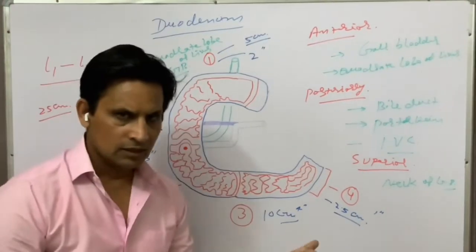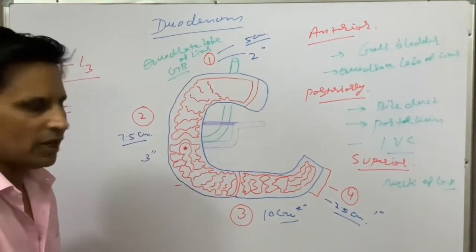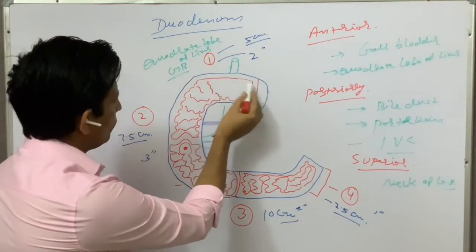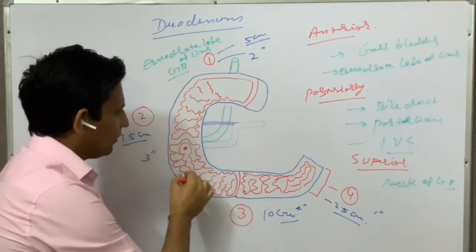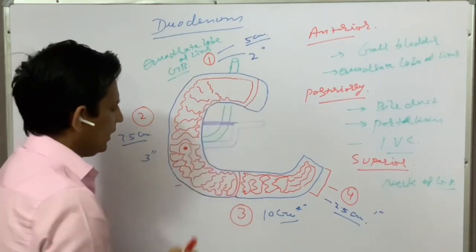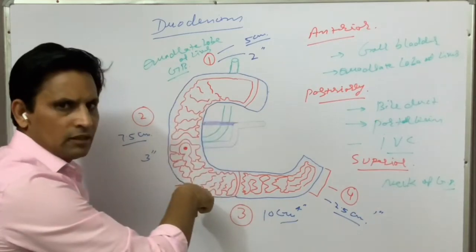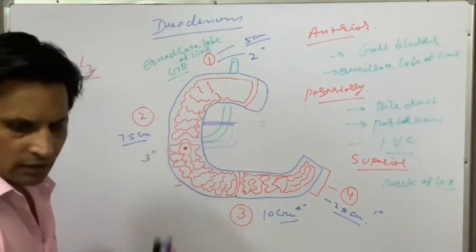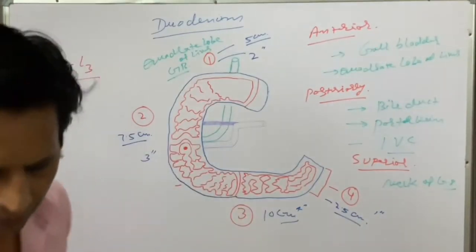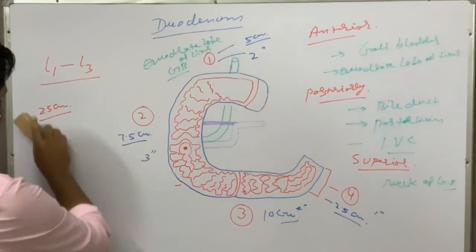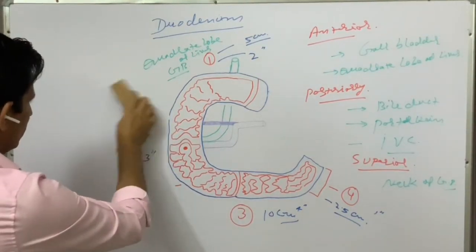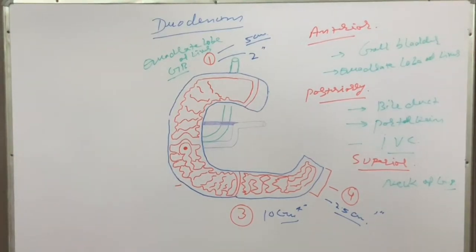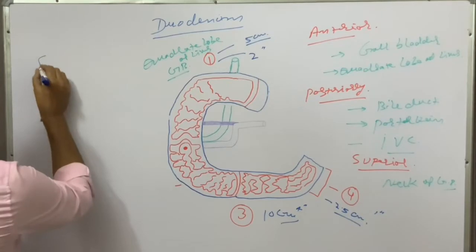Okay, now we turn to the second part of the duodenum. As you can see here, this portion abruptly turns downward and runs inferiorly. In many structures, when we study the jejunum, the ileum, or even the large intestine, one more common term is a flexure.